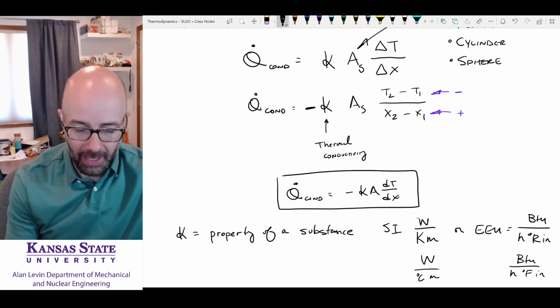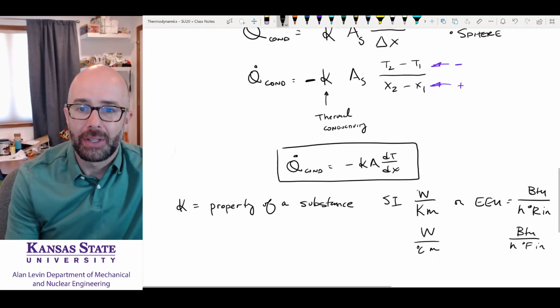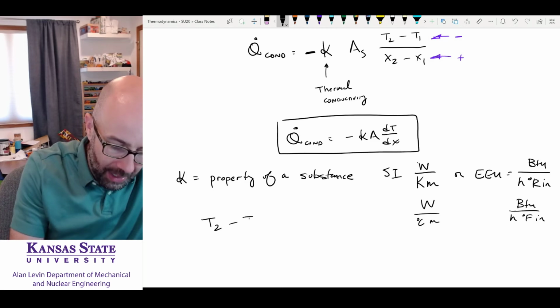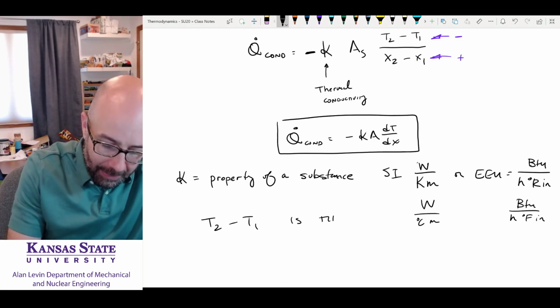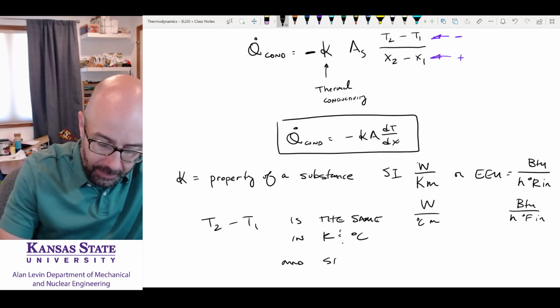The same step size. So when I'm talking about T2 minus T1, it is the same in Kelvin and degrees Celsius, and the same in degree Fahrenheit and degree Rankine.